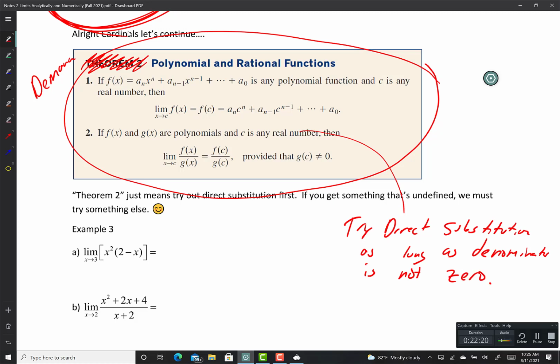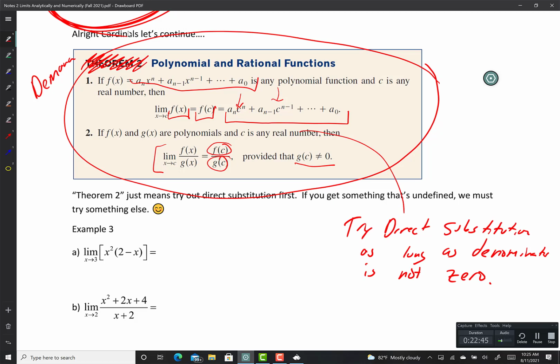So this means polynomial in the top. They're saying that if I have a polynomial, I can just do direct substitution for all your x variables. That's where your c comes in. And then finally it says if I have a function that's a polynomial in the top, polynomial in the bottom, direct substitution works as long as the denominator is not 0. That's what they're trying to say with all that paragraph, but they don't.